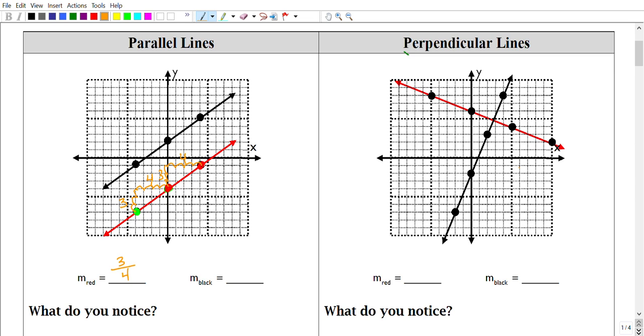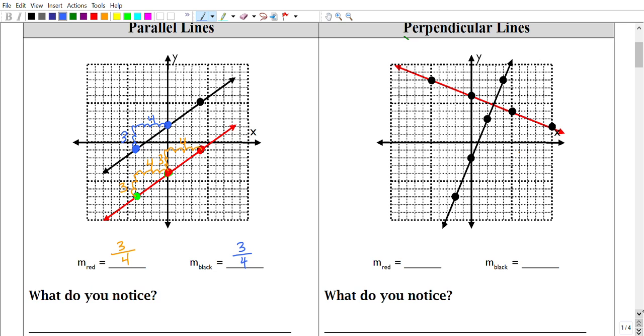Now let's calculate my slope for my black line. I'm going to start here from the left and go to this point here on the right. So once again, I'm going to go up 1, 2, 3, and then to the right 4, so a positive 4. So I have my two slopes here for my red and for my black.